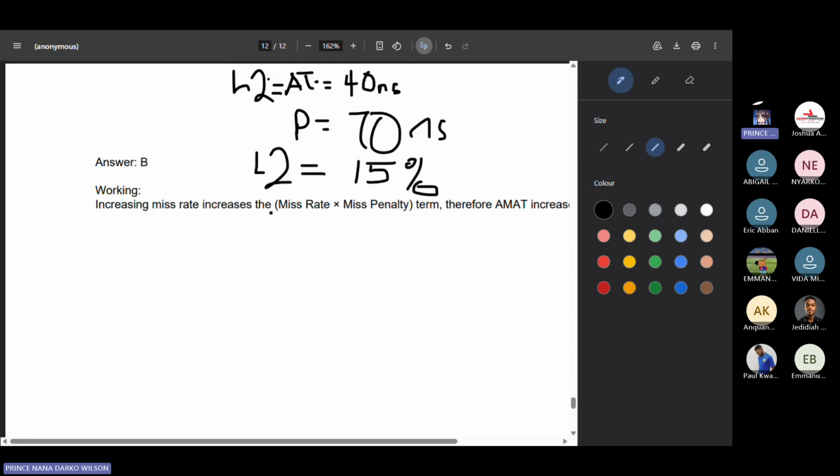At the same time, we are told that level 1 has a hit time of 20 nanoseconds.